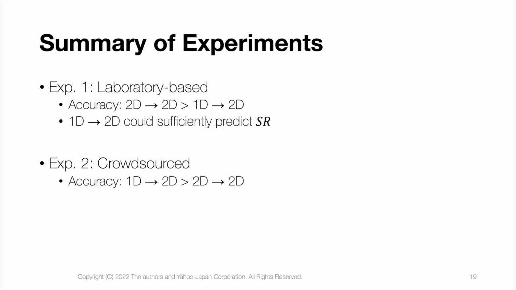Again, in experiment 1, which is laboratory based, using the 2D task results improved the prediction accuracy. But using the 1D task results could sufficiently predict the success rates. And in experiment 2, which is crowdsourced, the prediction accuracy by using the 1D task results was better than using the 2D task results.